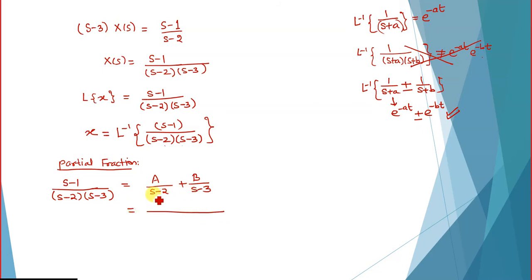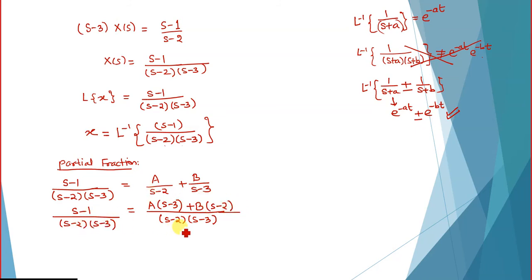In the denominator we will get (s minus 2)(s minus 3), which is the same as the question. We look for the terms with A and B. If we multiply both terms by (s minus 2)(s minus 3), with A we will get s minus 3, and with B we will get s minus 2.